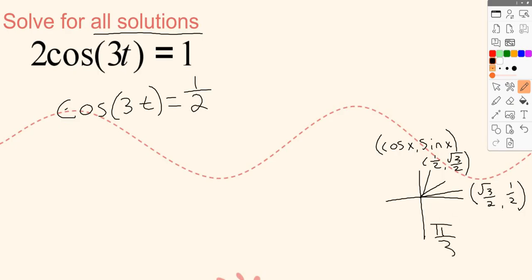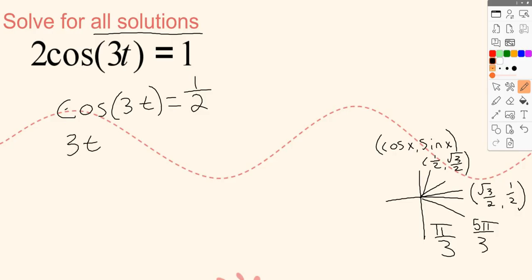Pi over 3, which is in my first quadrant. And then where else is cosine positive? The fourth quadrant. So what angle in our fourth quadrant has a 3 in the bottom? 5 pi over 3. So again, those are my options.